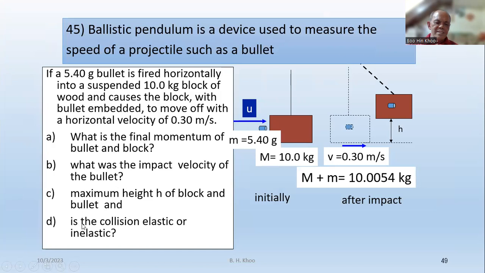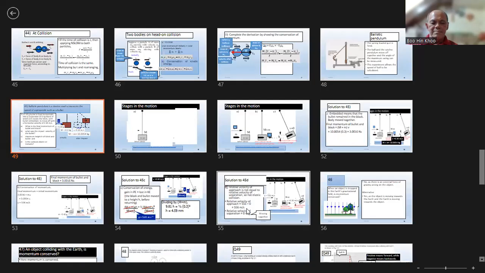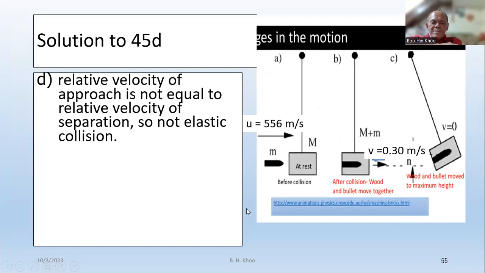Then we are asked, is the collision elastic or inelastic? We have found the initial speed of the bullet. The mass of the bullet is given.